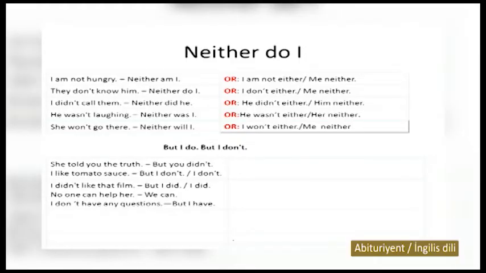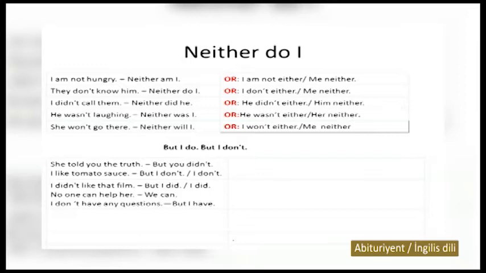And someone says, I'm not hungry, and you don't feel any hunger, so that's why you say, neither am I, neither are my friends, neither is she, or the full sentence, I am not hungry either.